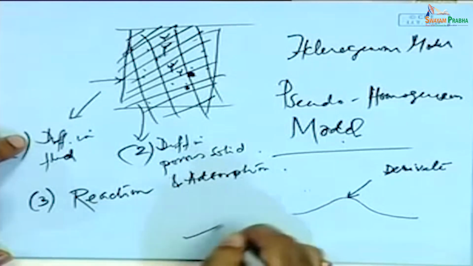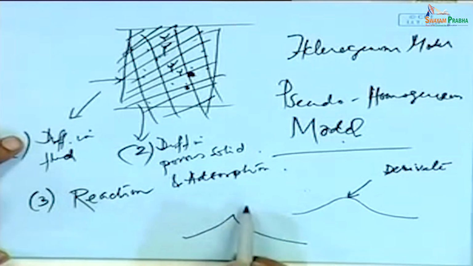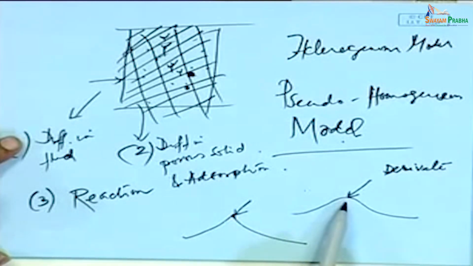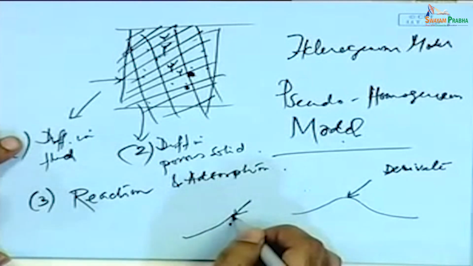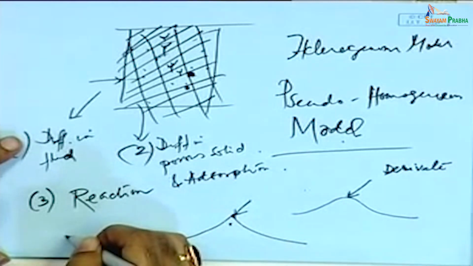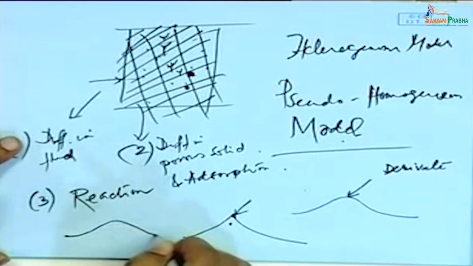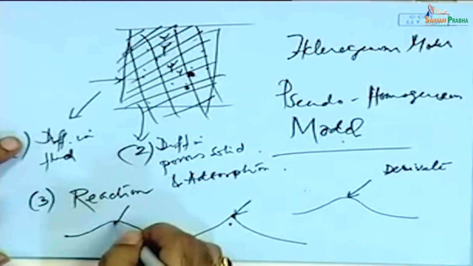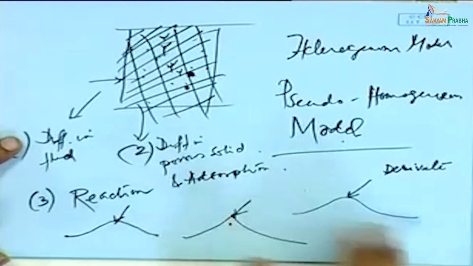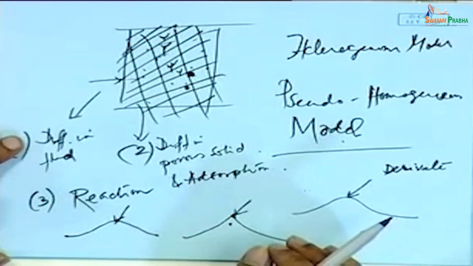Or if you have a surface like this, we can say that at the macroscopic scale this is a singular point because you cannot define the derivative here, and this is a non-singular point, because you can define the derivative here. But at the microscopic scale, this is not singular. You see what I'm saying? When you go to the microscopic level, this peak is no longer sharp, so it is not singular, and you can define the derivative at this point. So that's a matter of scale, the manner of looking.